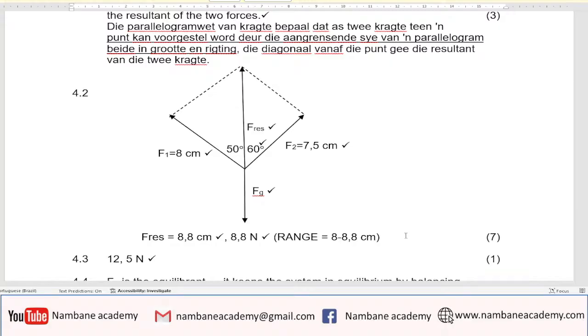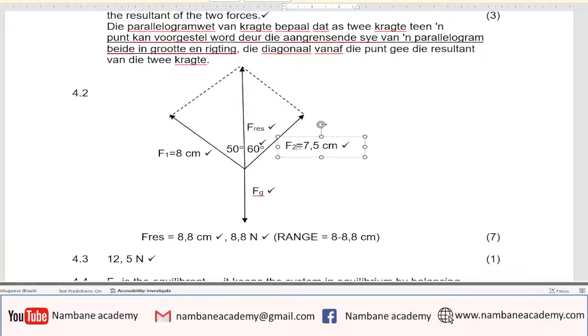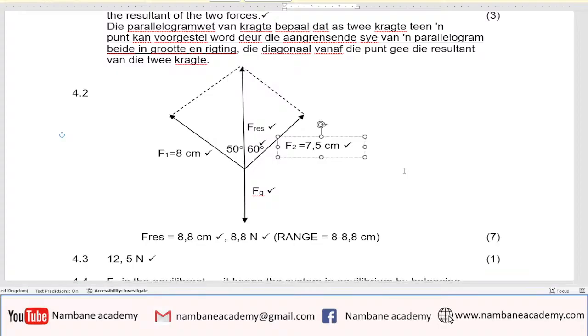So I think 1 mark should be allocated to the method. For learners completing the parallelogram, there should be a mark. For the tail-to-tail method, there should be a mark awarded to those construction lines. Completing the parallelogram should actually have 1 mark.